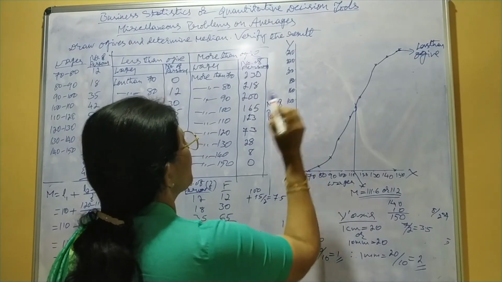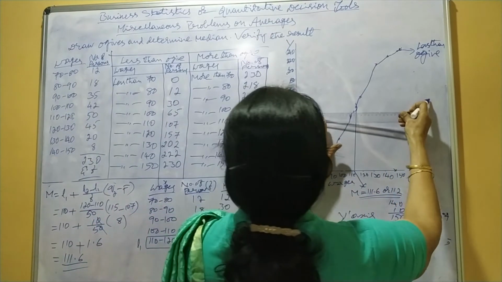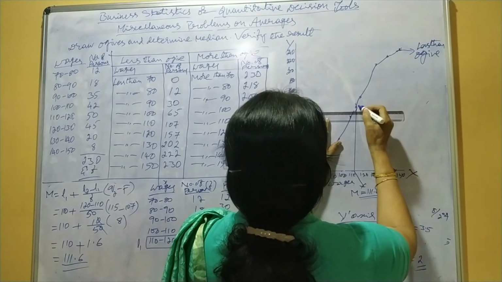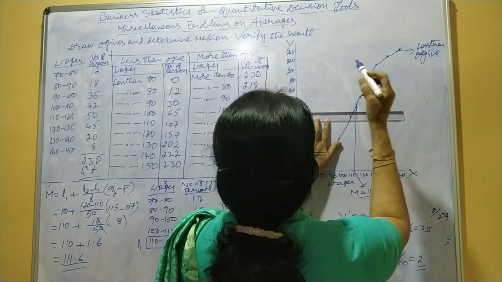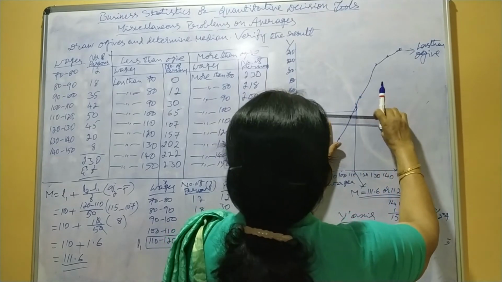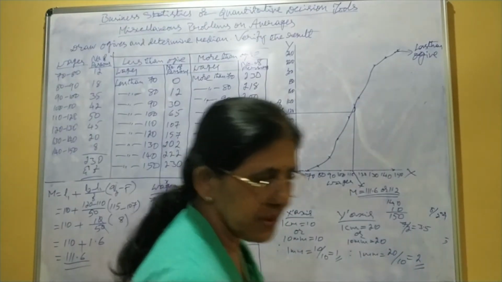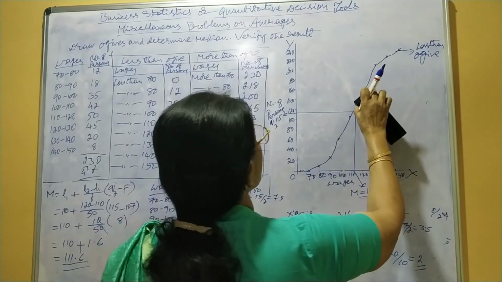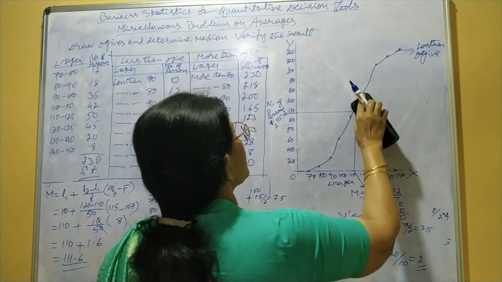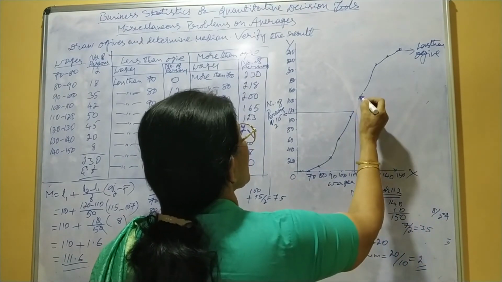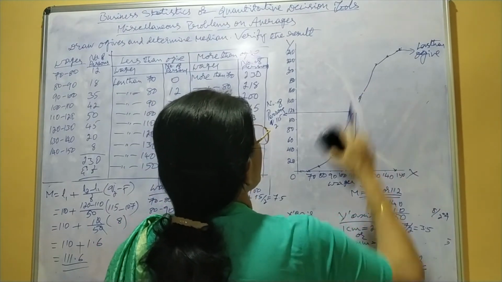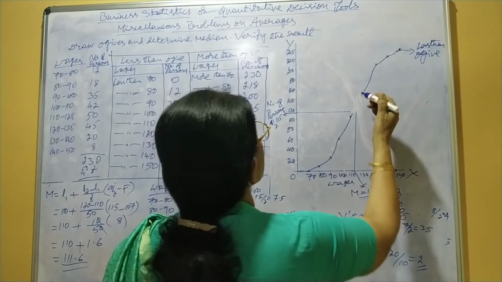Q2, that is 115. Now from this point draw a straight line as it reaches the less than ogive. Here what we have to do is, we join this with a free hand, therefore this curve you have to adjust a little, that's why we have to calculate first algebraically.